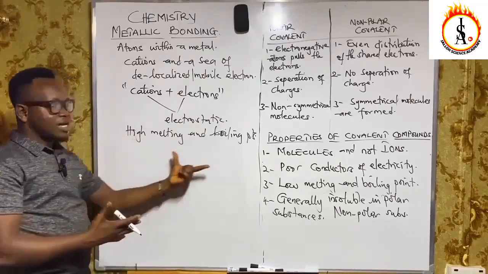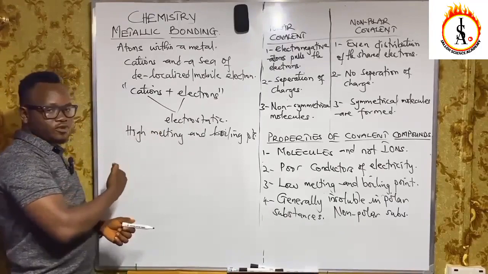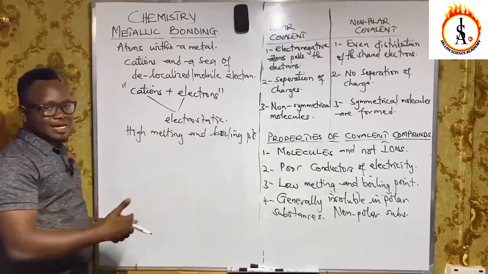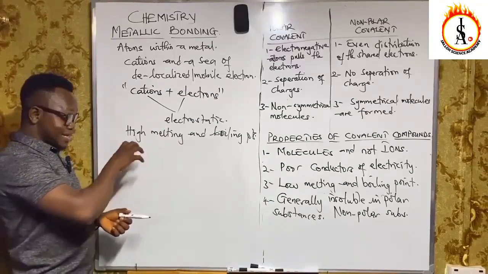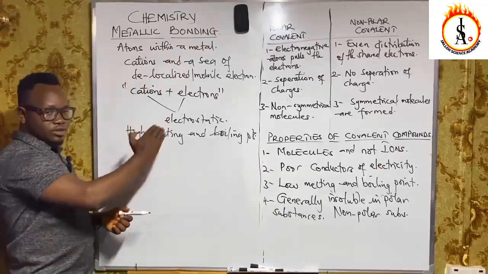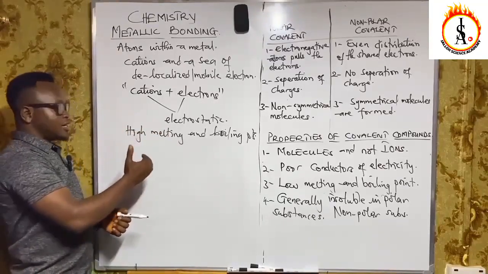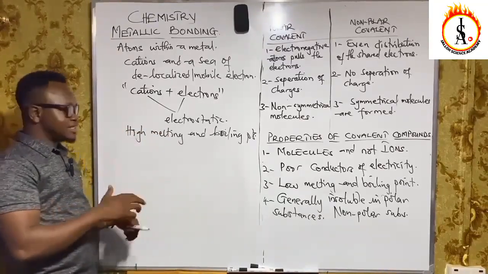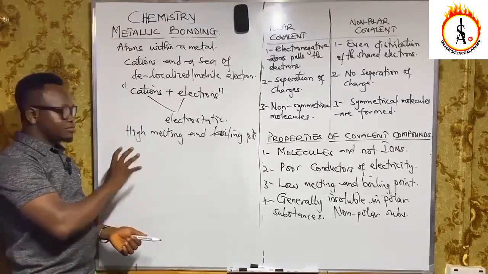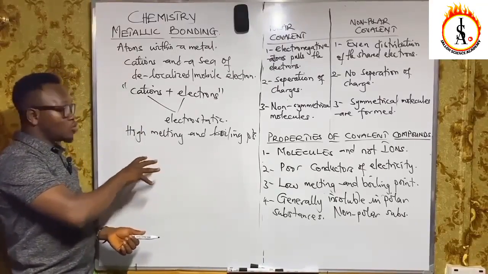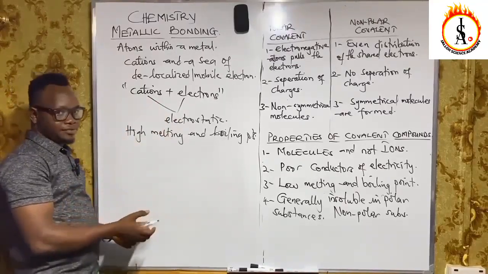Because the electrons are mobile, they can leave one field of influence and enter another field of influence. So if there is a stress, that brings about also the malleability and ductility of metals, as a result of the delocalized electrons that are there.